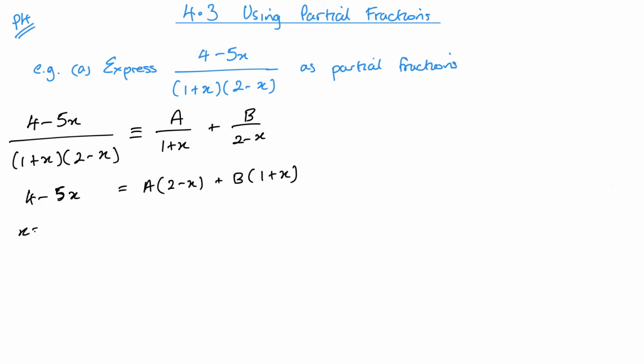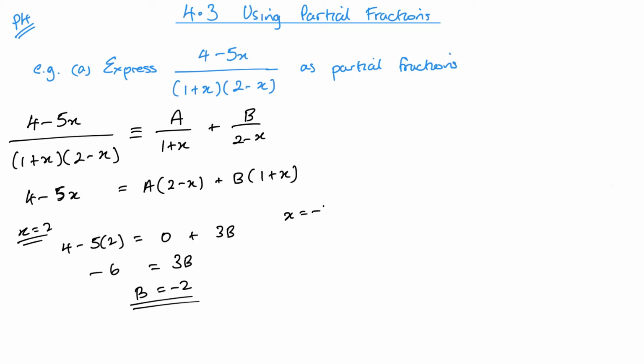Now if I substitute x equals 2 in, then this bracket will become 0, so I can get rid of the A. So 4 minus 5 lots of 2 equals 0 plus 3B. So 4 minus 10 is negative 6. So B is going to be equal to negative 2.